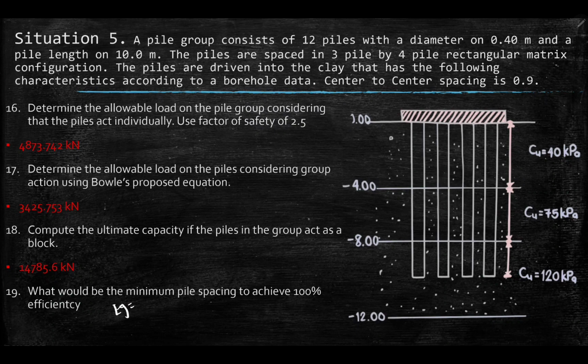I'll just write it right away, you probably already know the formula. So EG, what we want to achieve should be 100%. Is equal to 2 times the number of columns plus number of rows minus 2 times the spacing, which is what we are looking for, and then plus 4 times the diameter, 0.4, all over pi times the diameter times the number of rows times the number of columns, or it can be written the other way, it's up to you.